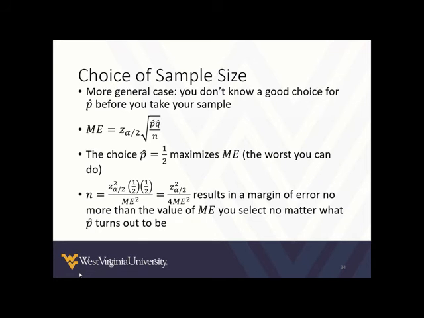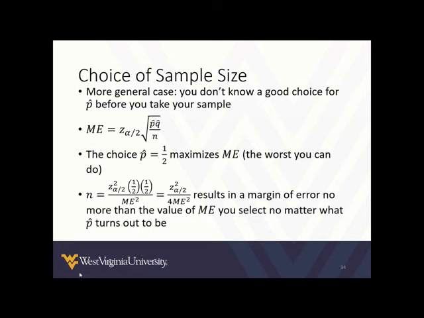If you're asked to do this without any prior knowledge, you should use a p hat of 1/2, and then your q hat would also be 1/2. And this is going to be a way to maximize your margin of error, meaning it's going to be the worst you can possibly do.